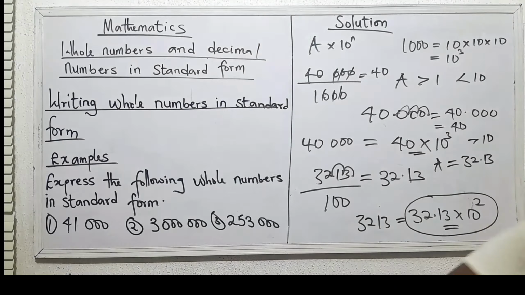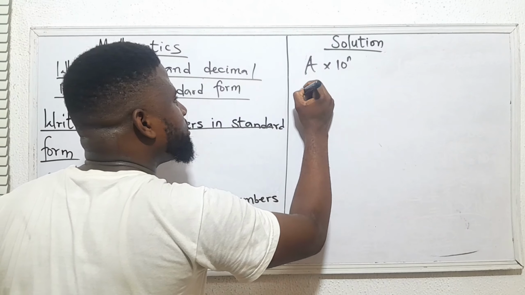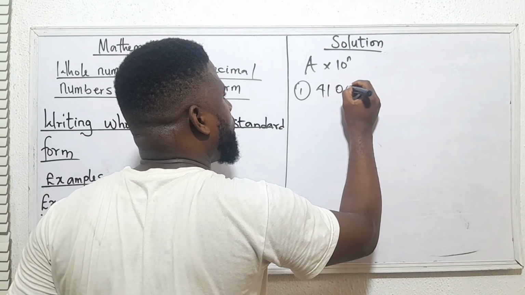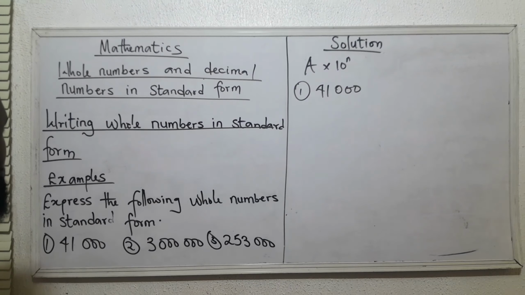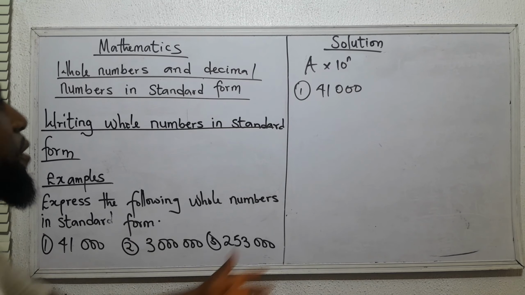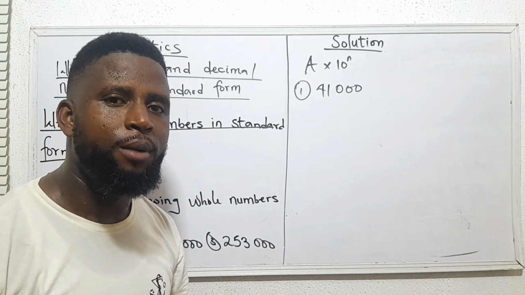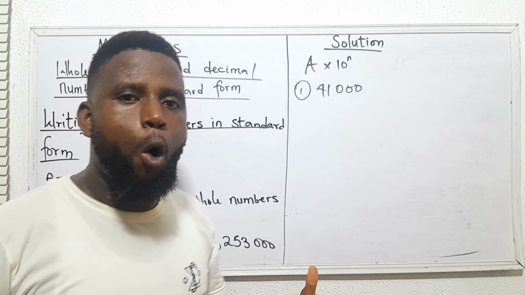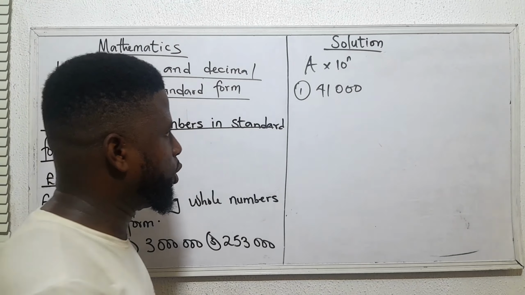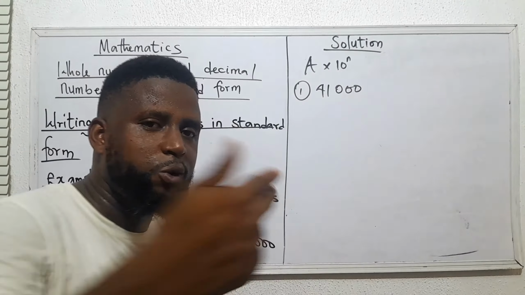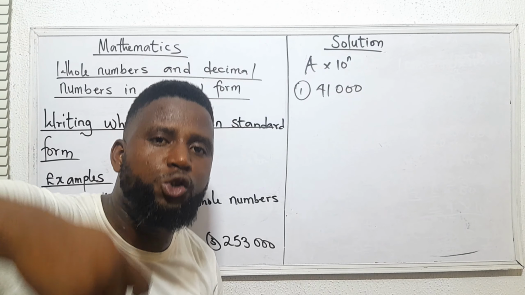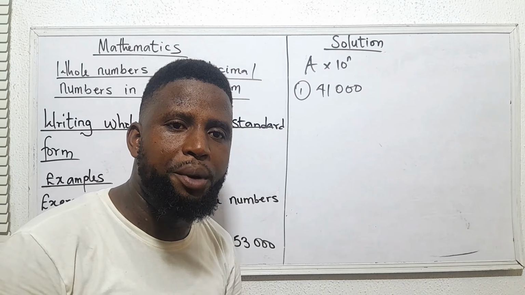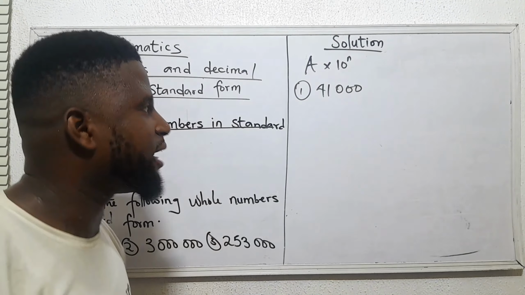Less than 10. So now, number one, to solve our questions, we have 41,000. We are to express 41,000 in standard form. How do we do that? What we need to do is to keep dividing 41,000 by the multiples of 10 until we arrive at A less than 10 or greater than 1.